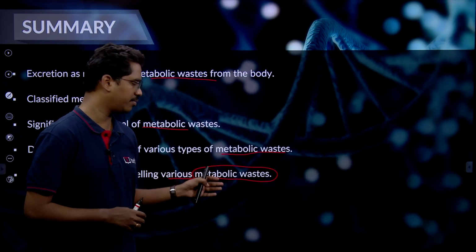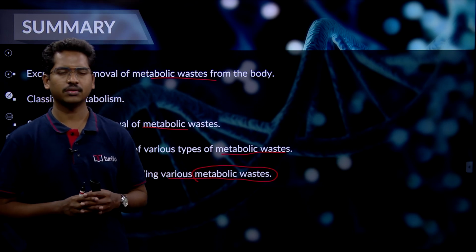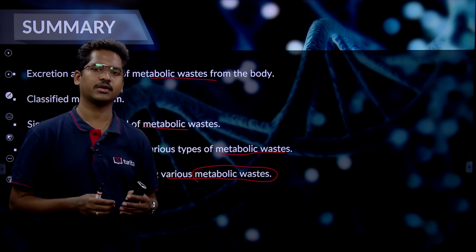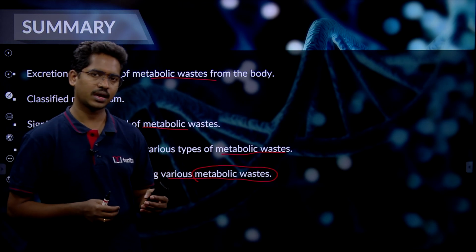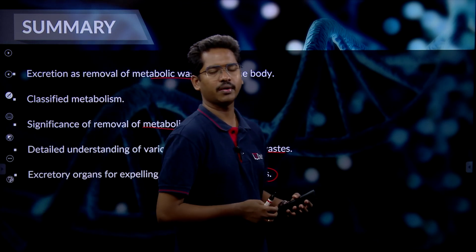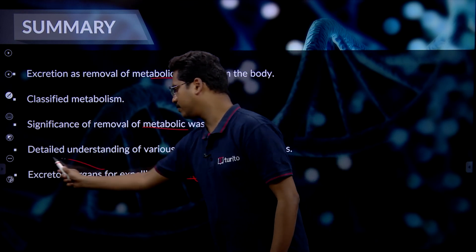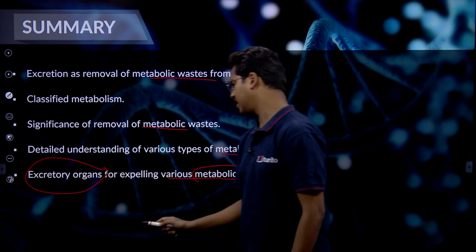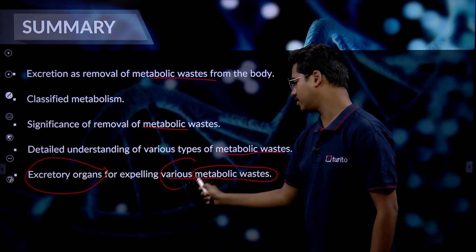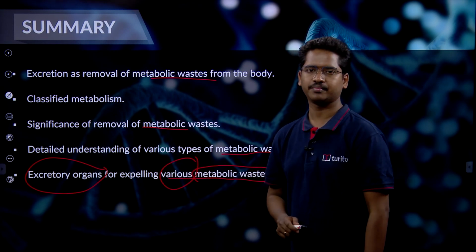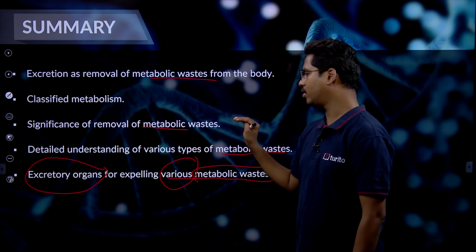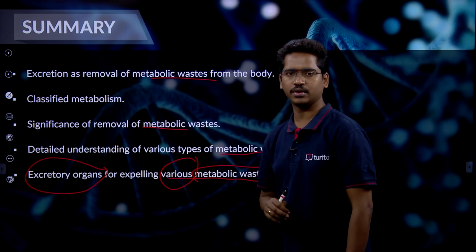They have different metabolic wastes generated within their body and are subjected to different environmental conditions. So it is obvious that they will have different types of excretory organs expelling various types of metabolic wastes from the body, right. So this is what we have done so far in this session.